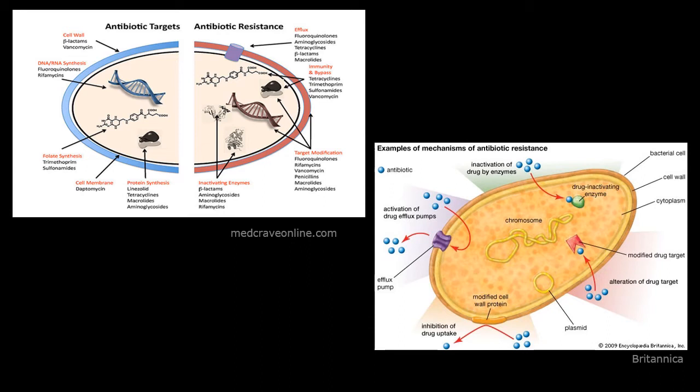In the second, you will find the same, but the picture is a bit more illustrated. You will see where the efflux pumps are present, then the modified targets like the cell wall proteins, then alteration of the drug target. This is a very simple and helpful diagram that you can use to memorize things.